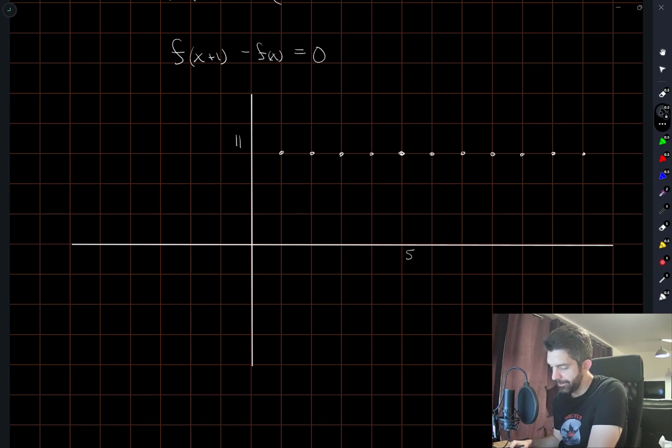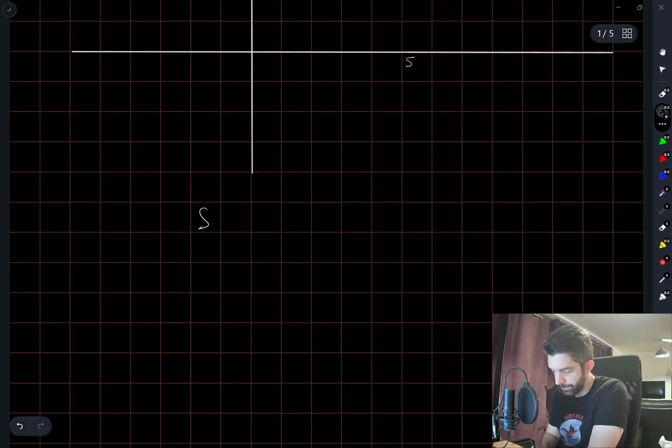At most. But that's unless it's the constant polynomial. But we have that it's equal to 11 at an infinite number of points. And so it must be the constant polynomial.